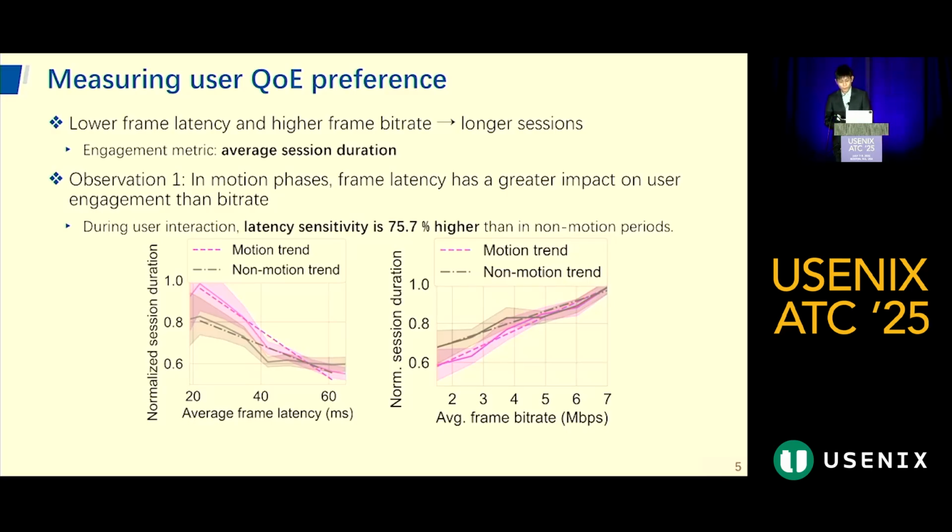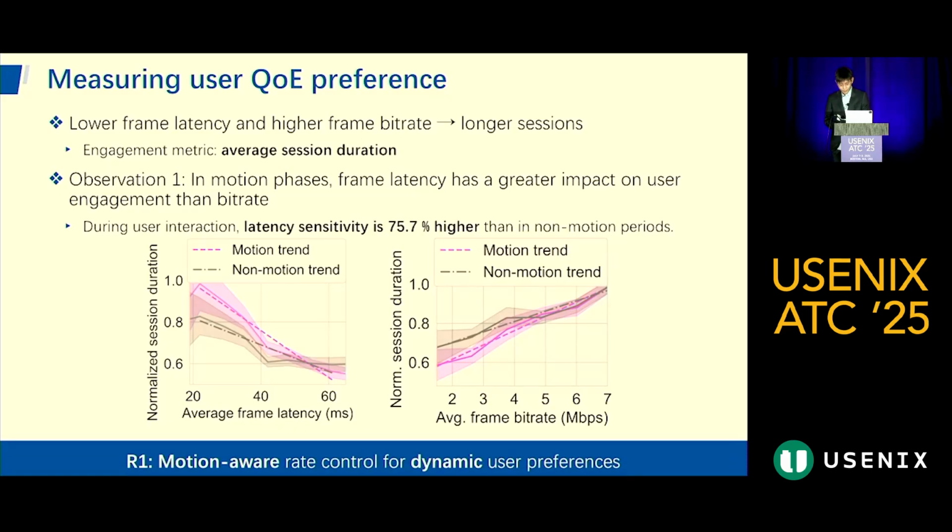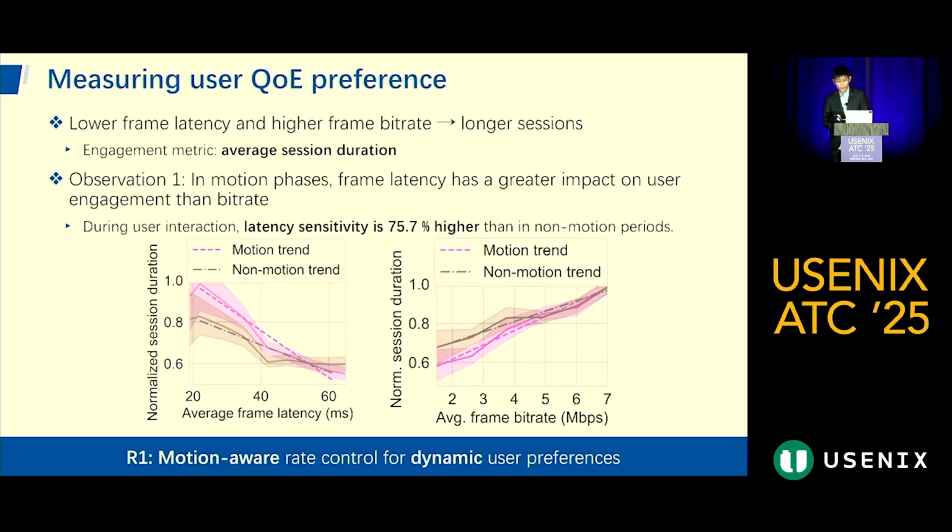This leads us to our first critical insight: user QoE preferences are not static. They evolve dynamically with user motion. This observation leads to the requirement that a rate controller should be motion aware, to sense the motion phases in order to dynamically adjust the bitrate based on user preferences.